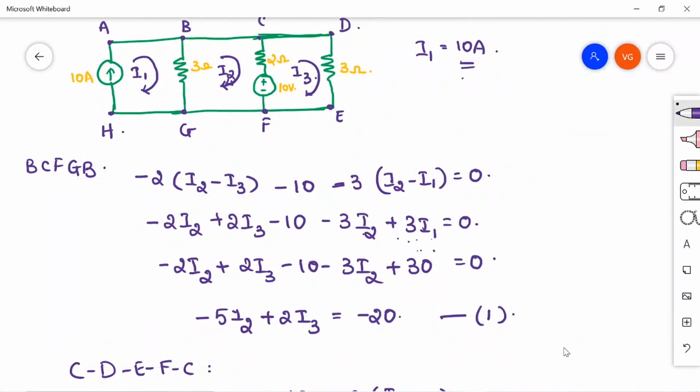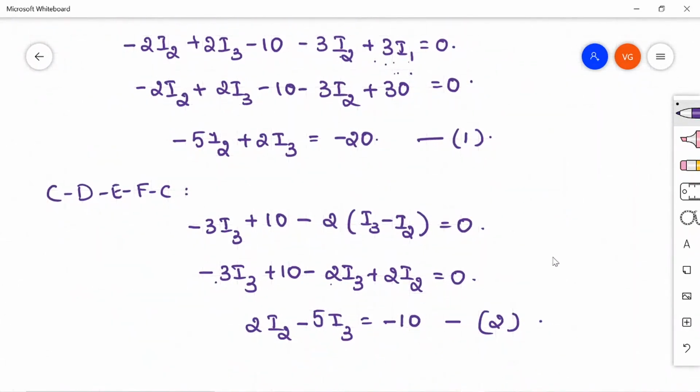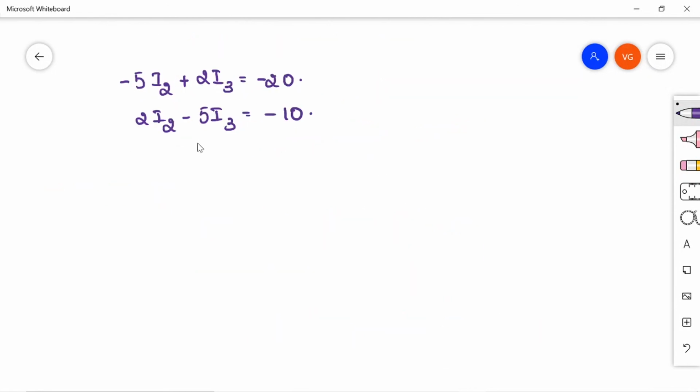Let us simplify these two equations. Both the equations are in terms of I2 and I3 only. You can simply solve the equations using the equation solving method, or you can go with the matrix method. Anything is fine. You can solve these two equations either by equating the coefficients or by using the matrix method.